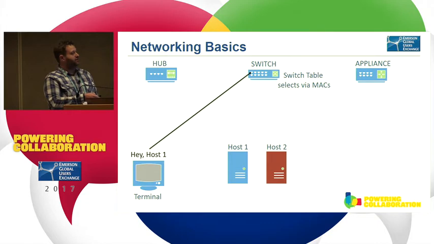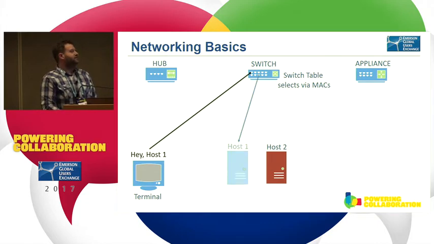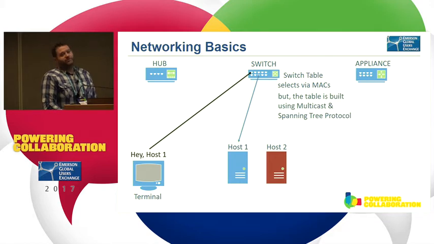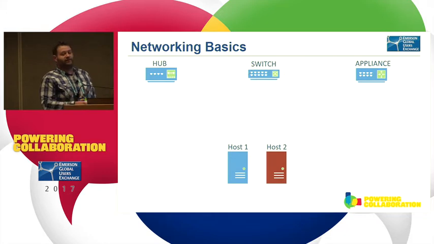So it knows that this port 3 is going to go to host 1, and it properly directs the traffic. But the very first time, you're still telling everybody where you are, and you're building your spanning tree. So if you're old enough to remember network storms, spanning tree is not infallible. It's a lot better than it was, though.